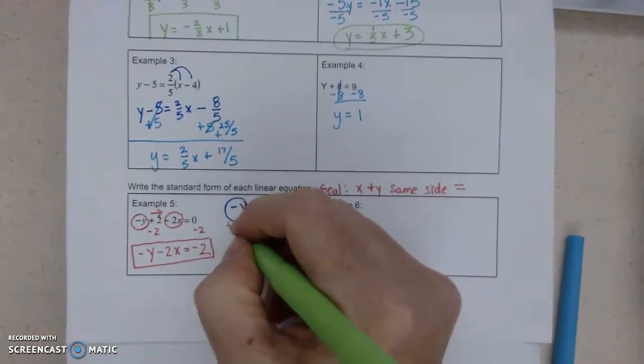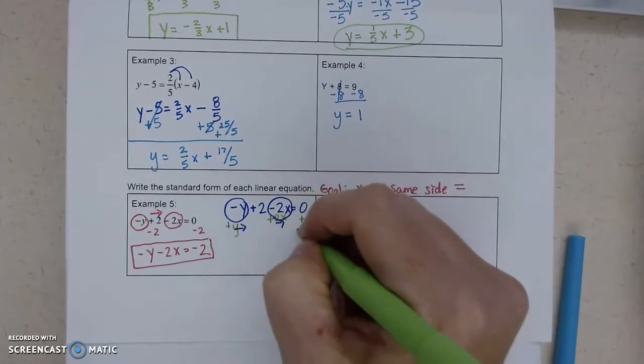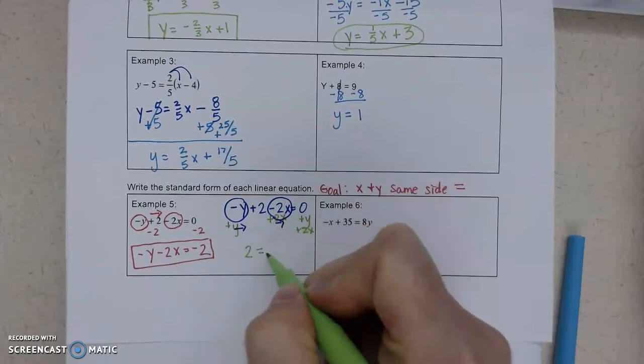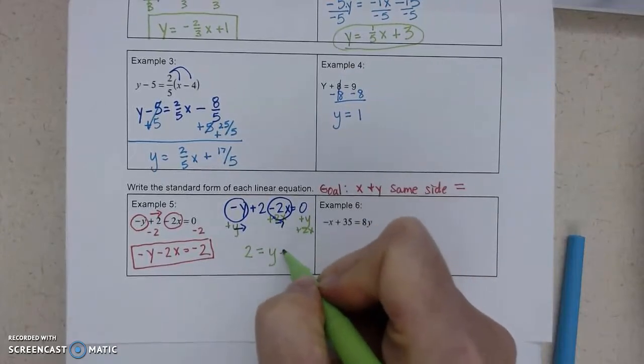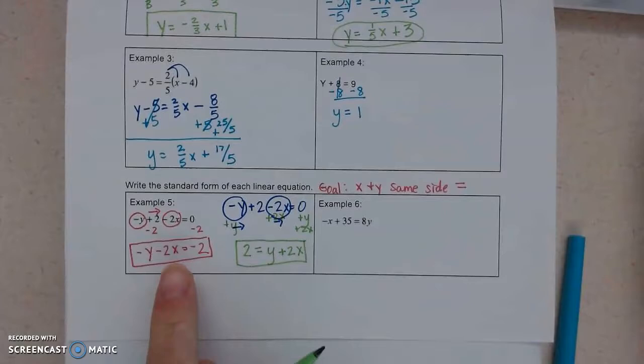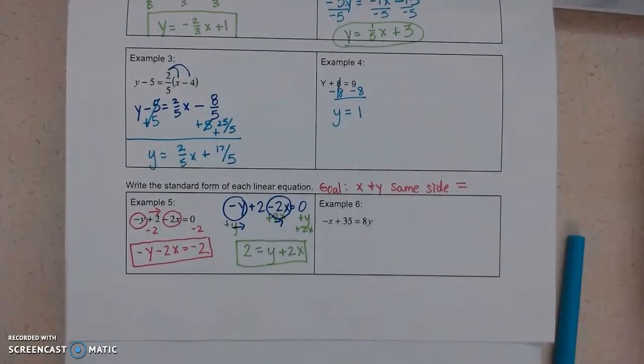So in that case, I'm going to add y, and I'm going to add 2x. So we are left with 2 equals y plus 2x, and that is also an acceptable answer. Notice both of these are correct, but they're opposite signs. So there is more than one correct answer.